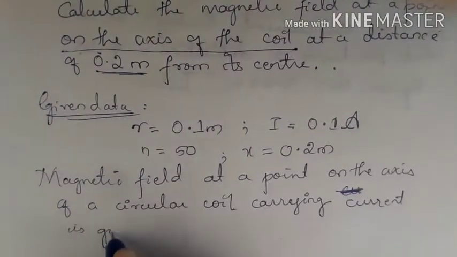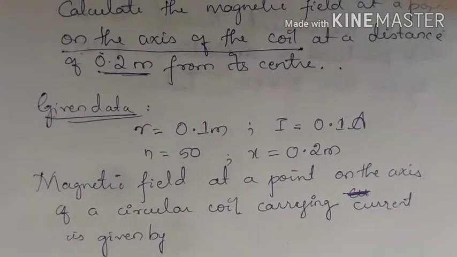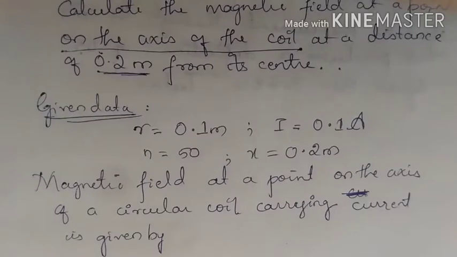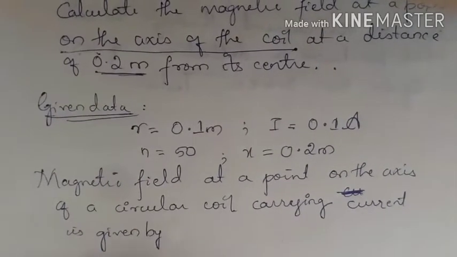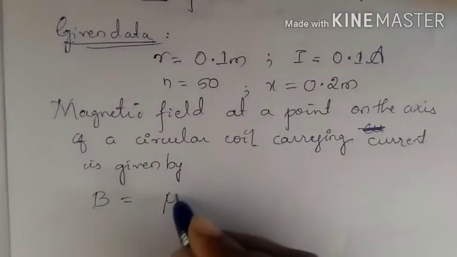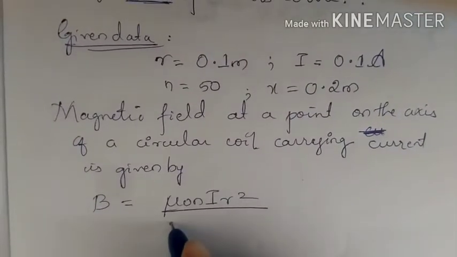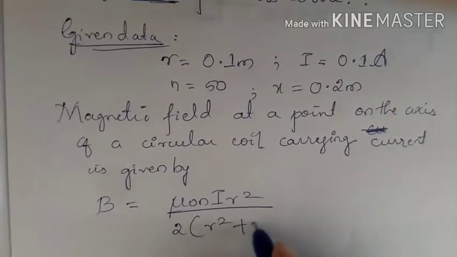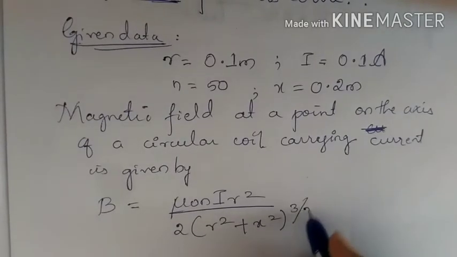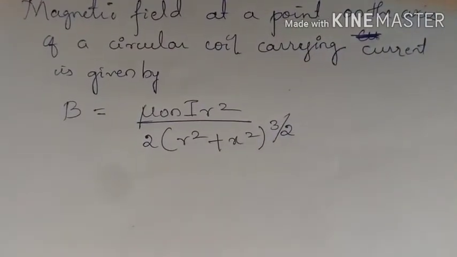What is the expression for magnetic field at a point on the axis of a circular coil? We have seen that expression in the Helmholtz galvanometer also. B is equal to nu naught N I R square divided by 2 into (R square plus X square) whole power 3 by 2. This is the expression that you have to use to solve problem number 4.